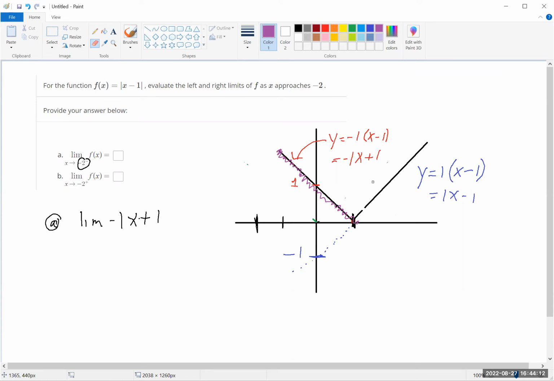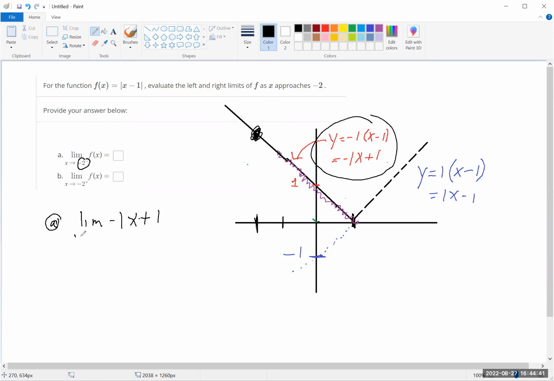So I'm just going to make it broken because we want to know what happens at -2. So there. All right, so we are approaching this point here. And so we're only using this equation.